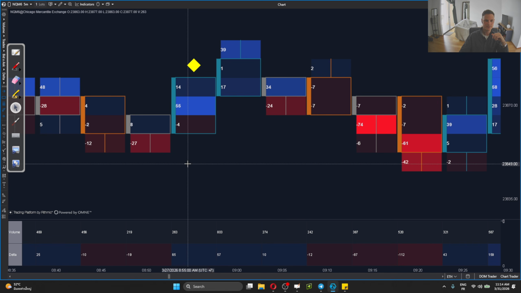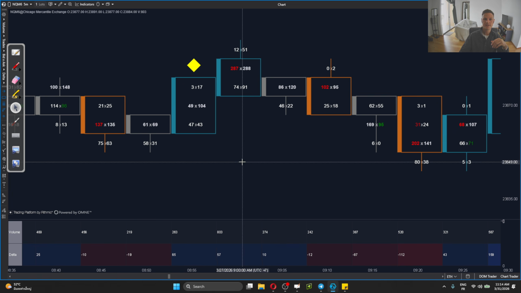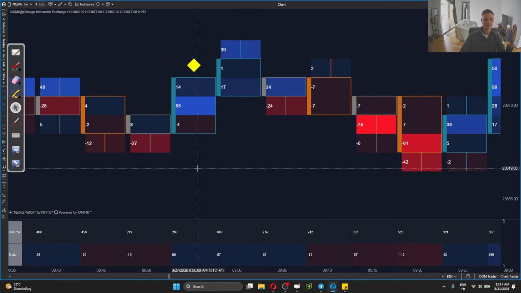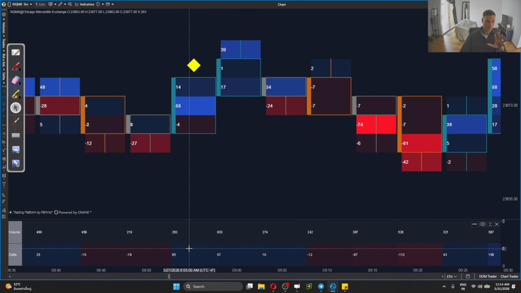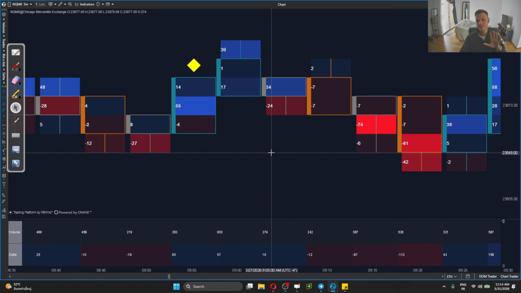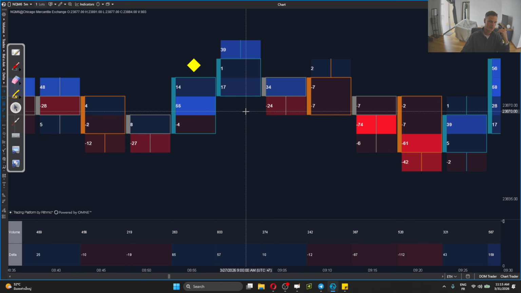What else can be said here? Looking at the delta, we're not going to go through each individual candle, obviously, but let's look at something else now. We've had 65 more aggressive buyers, market buyers, right? These candles only show us the market orders, the aggressive orders, not the limit orders.